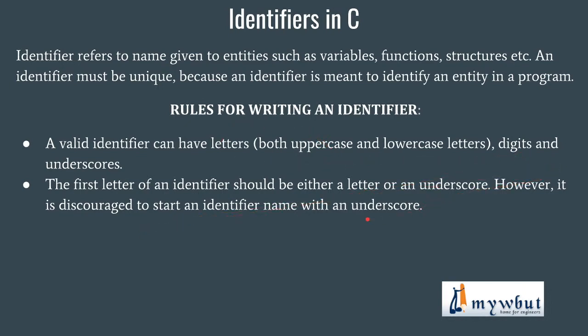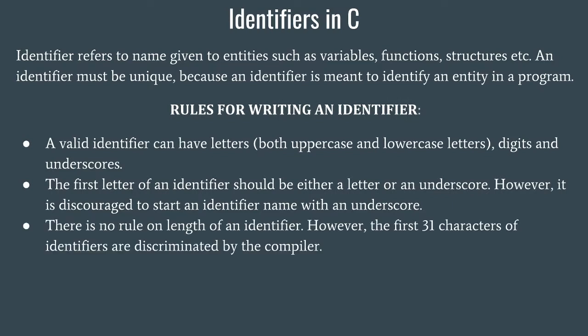Okay. And one more thing is that it is often discouraged to start the identifier name with an underscore, because generally system variables are named as underscore something. So generally system variables start with an underscore, and hence we shall always try to keep the identifier name as simple as possible, so that it is first of all understandable by any reader who reads the code for the first time, and also it is easy to maintain throughout the program.